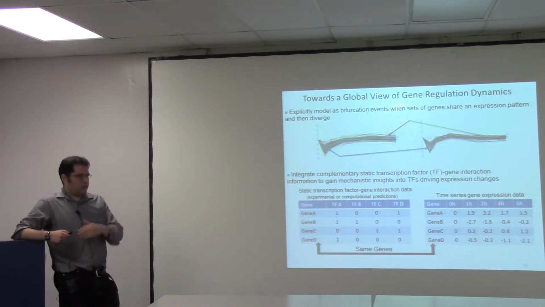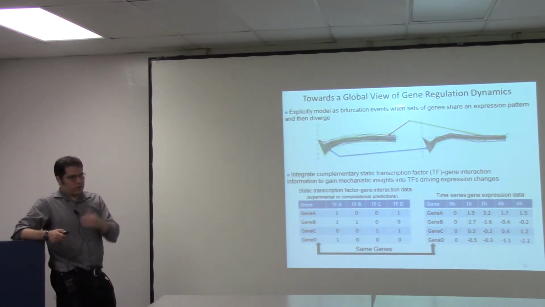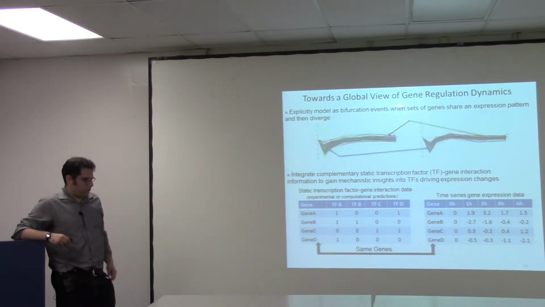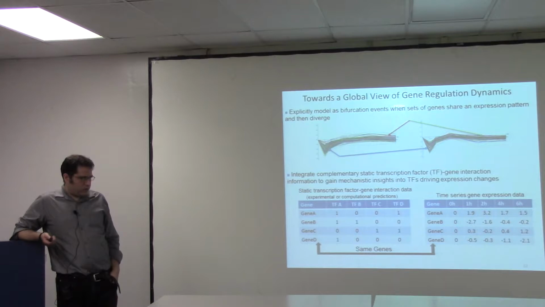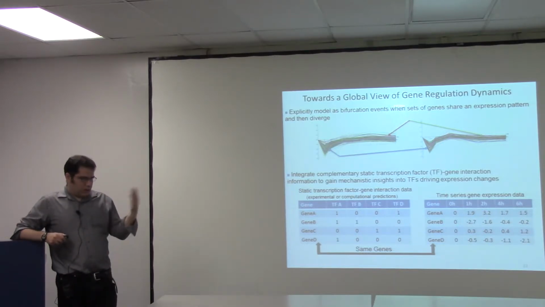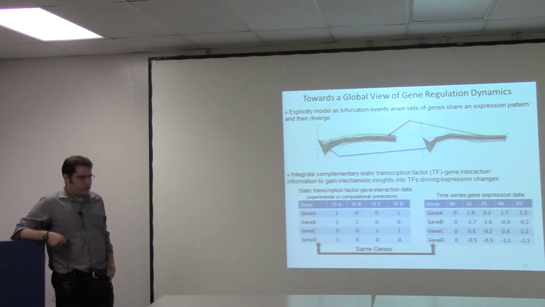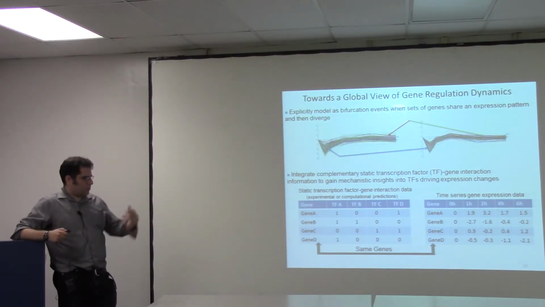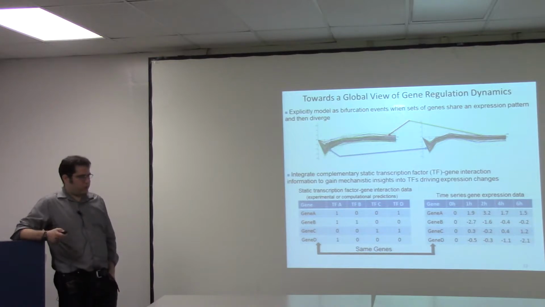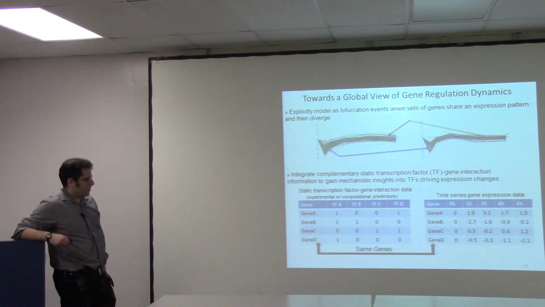The DNA sequence is inherently static, so you're not going to get dynamic information from that. And from ChIP-seq data, it's very hard to do a time series even for one factor, but often you would want to consider multiple transcription factors, and usually you wouldn't get that type of information for as many transcription factors as you would be interested in.